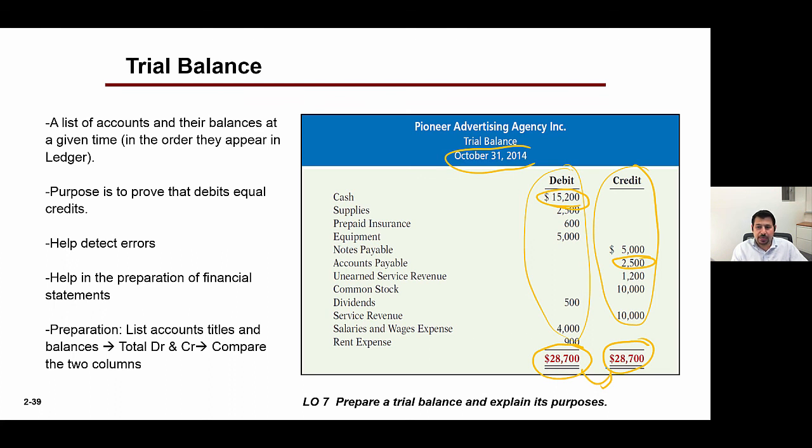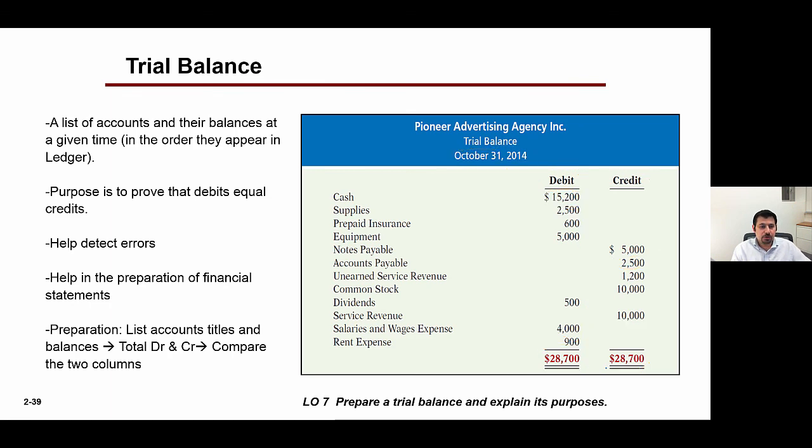And under the double entry system, this equality occurs when the sum of all the debits is equal to the sum of all the credits. If they are not equal, it will help us detect such an error or mistake. Let's say that you forgot to post one of the debits to cash or one of the credits, etc. That will create an issue.